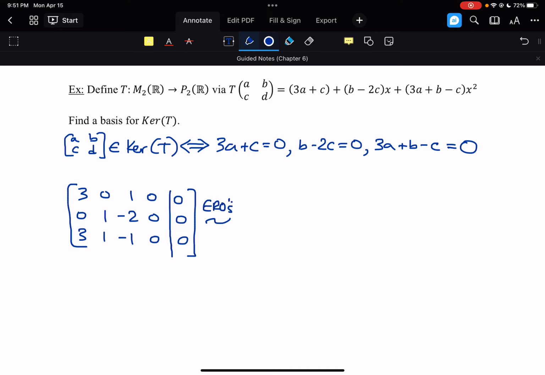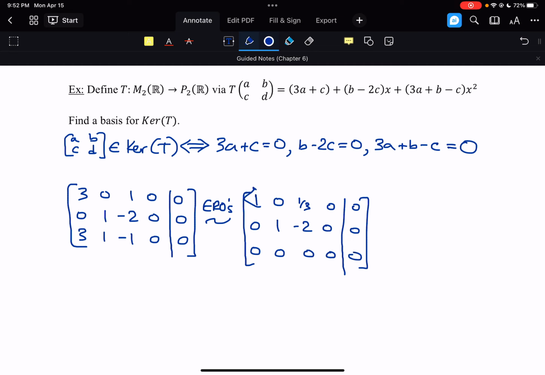And if we perform EROs on this to simplify it down, putting it in row echelon form, we get 1, 0, 1/3, 0. We get 0, 1, negative 2, 0. And we also get an all-0 row at the bottom.